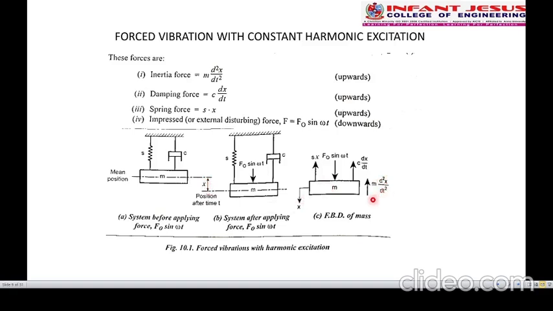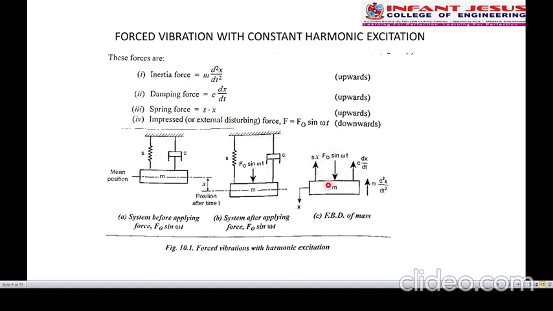So this is the inertia force. Now we have 4 different types of forces and we are going to resolve all the forces. First is inertia force acting upwards, damping force upwards, then spring force upwards, and the external disturbing force, or we can say impressed force, acting in the downward direction.